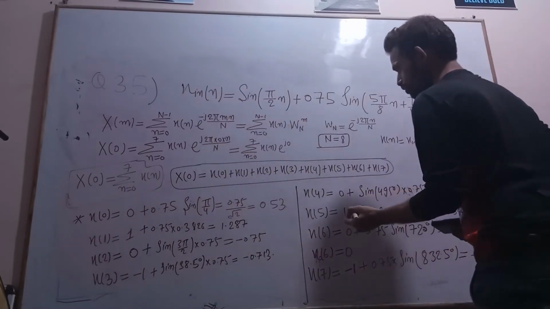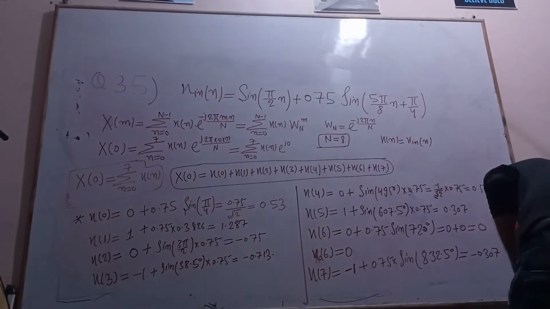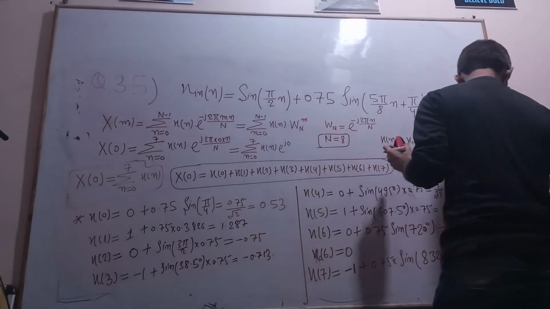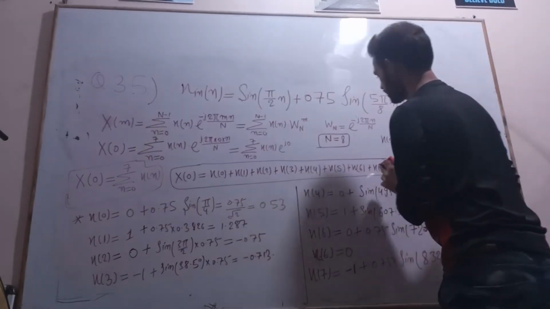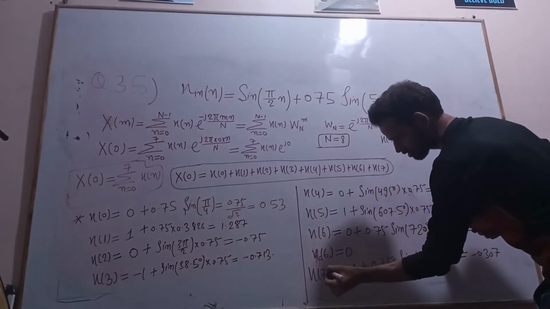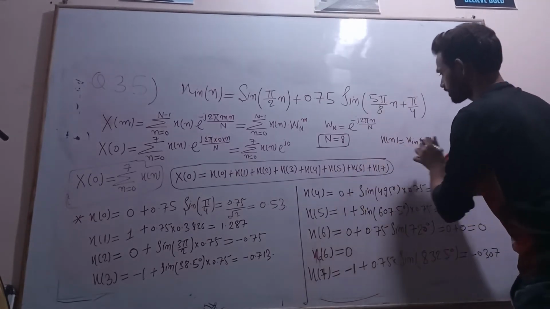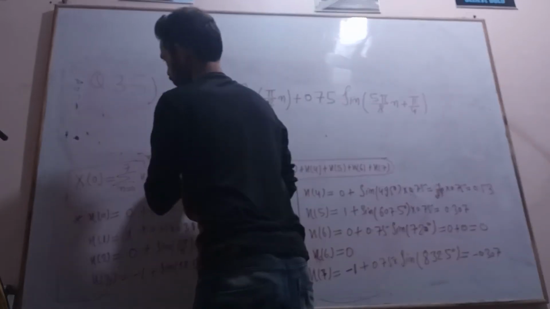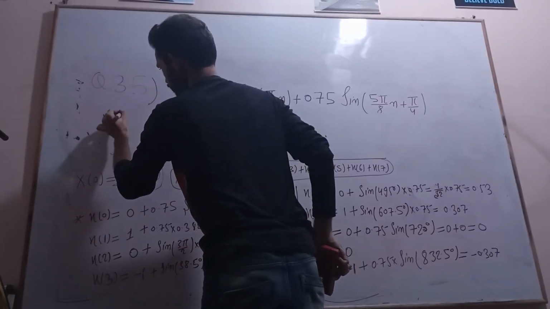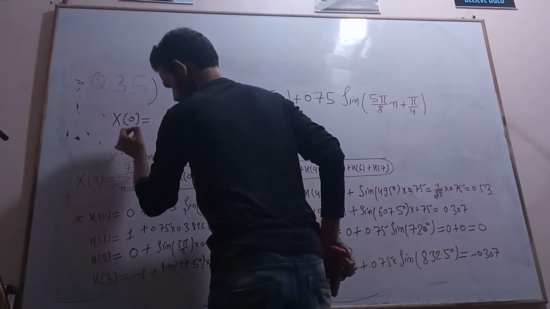Let us see what we will get. Just add all the numbers that we have got from here. So x of 0 is equal to what?